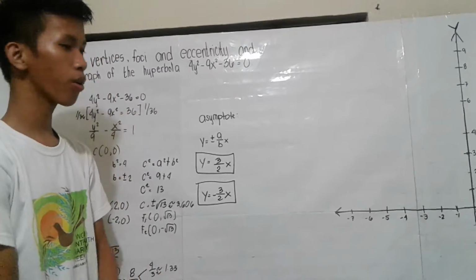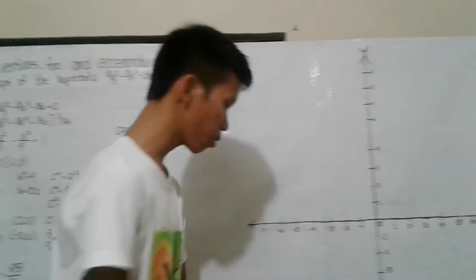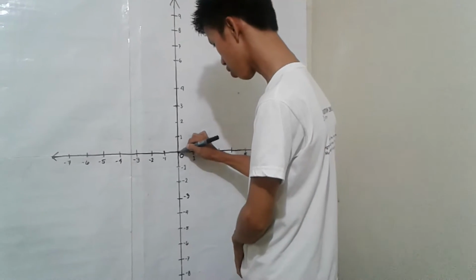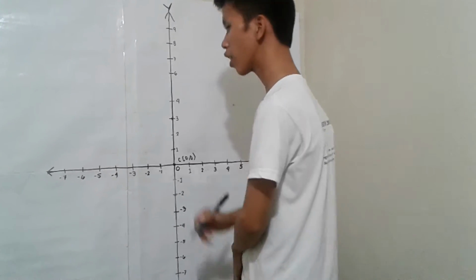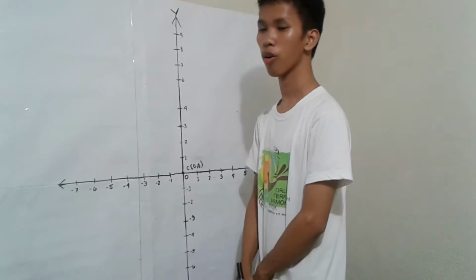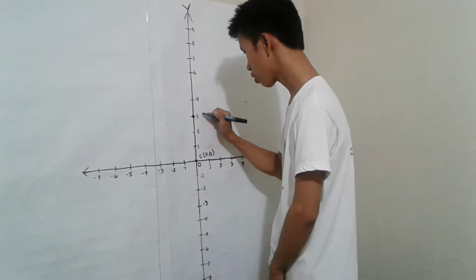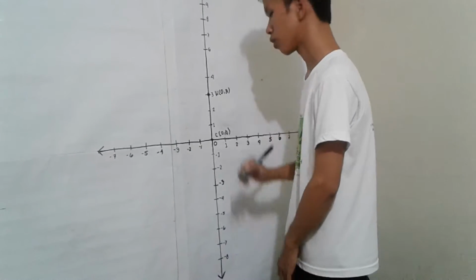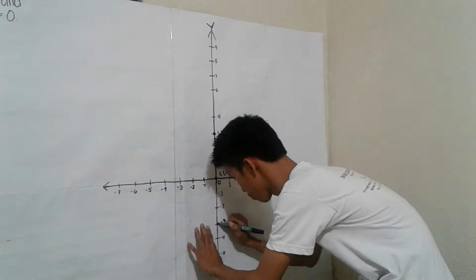So now we are ready to graph our equation. First, locate our center. Our center is at the origin, so here our center is 0, 0. Next, let's locate our vertices, 0, 3. So here, this is our B1, 0, 3. Then our other vertex is 0, negative 3.